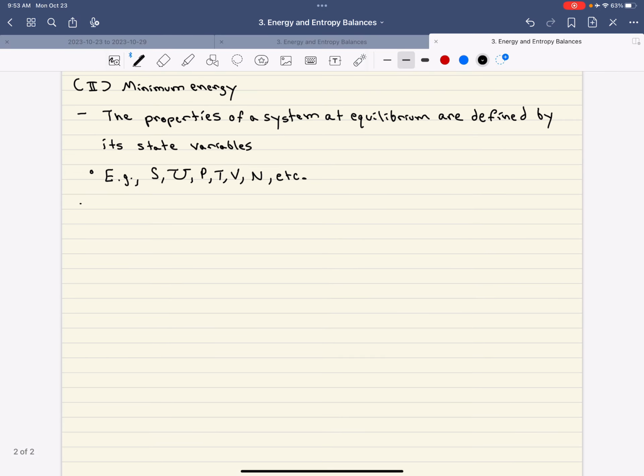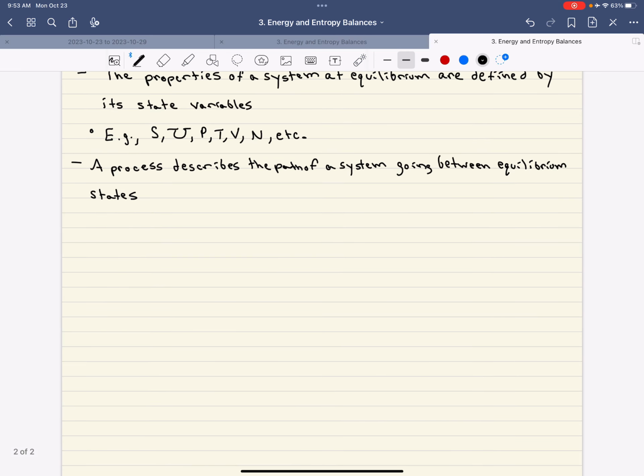We define the pathway a system takes to go between different equilibrium states as a process. So a process describes the path of a system going between equilibrium states.